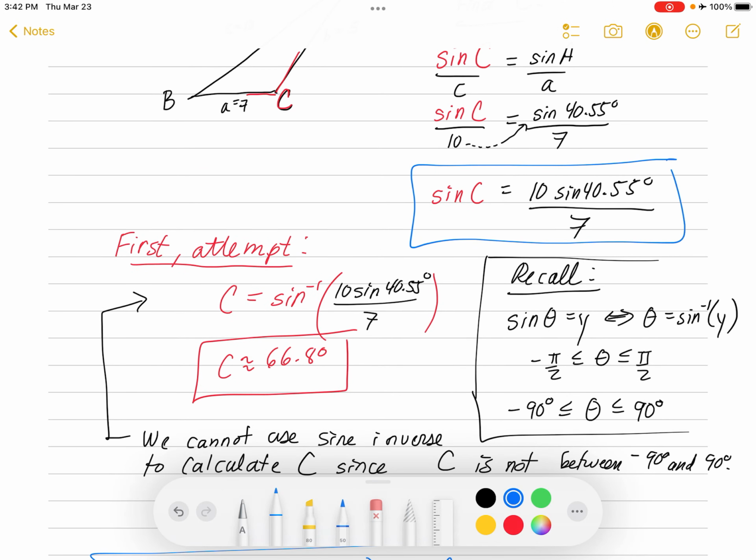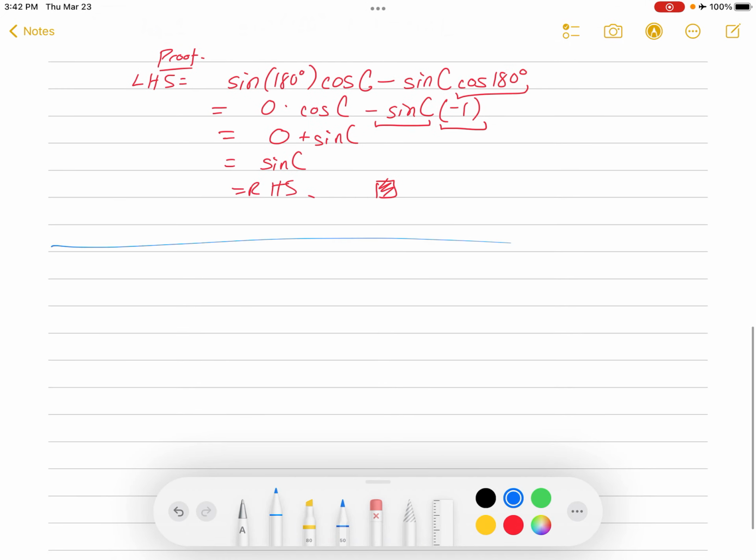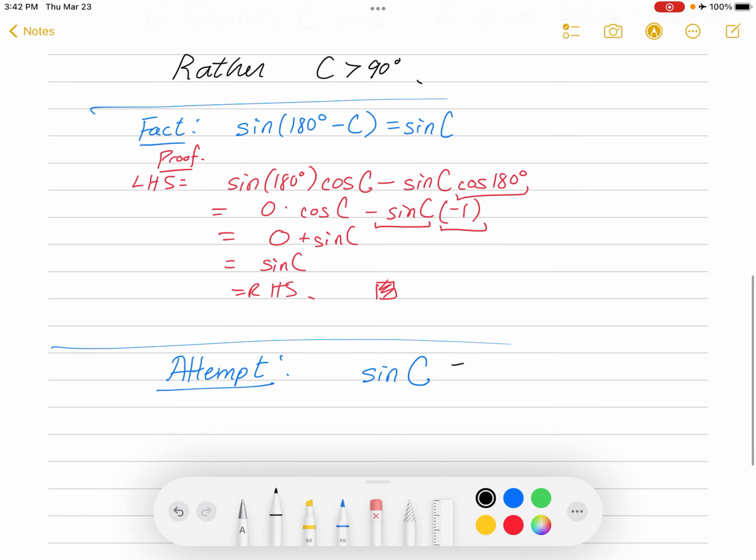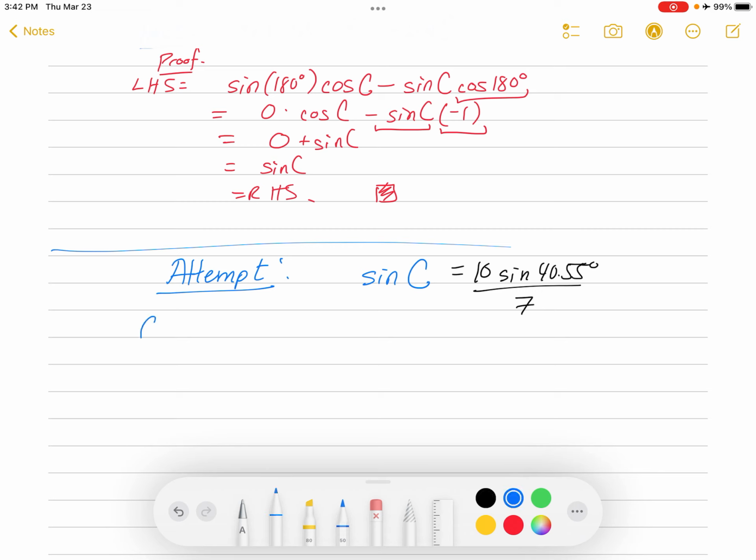So if I go back to this step, let's rewrite this. This is going to be my second attempt. Attempt number 2. Remember, I had the sine of C equals 10 sine of 40.55 over 7. Since C is bigger than 90, I cannot use the sine inverse here.